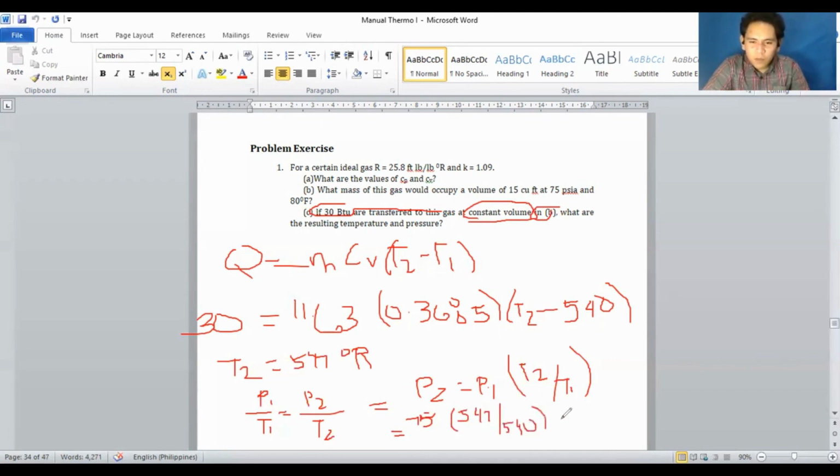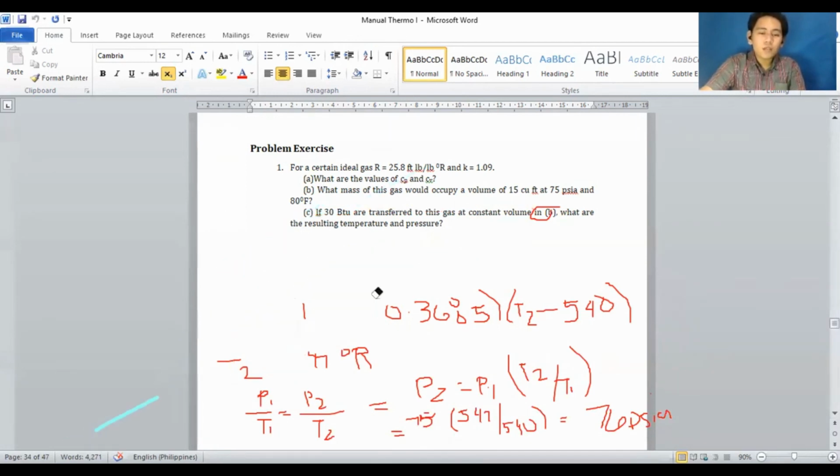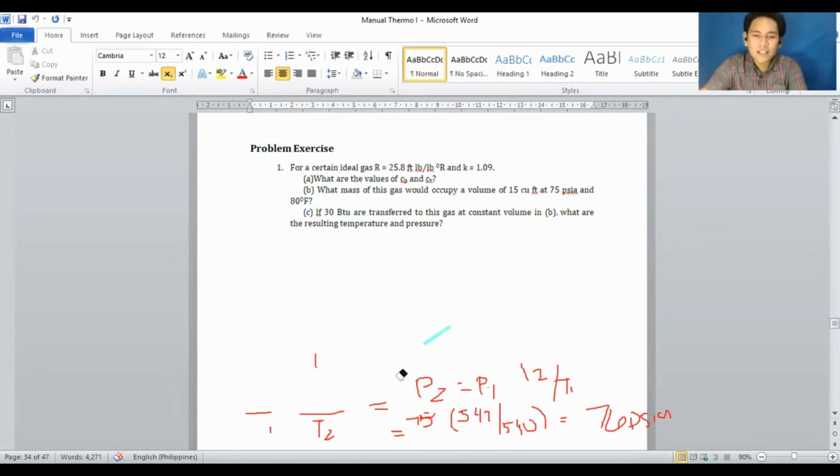Therefore, we have obtained the resulting pressure, which is 76 psi. So that's it. In problem number 1, we solved the resulting temperature, which is T2, and the resulting pressure, which is P2, using our perfect gas equation.